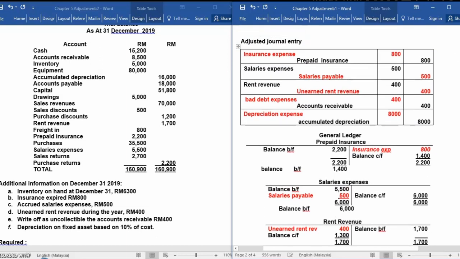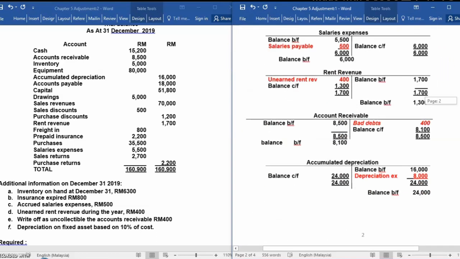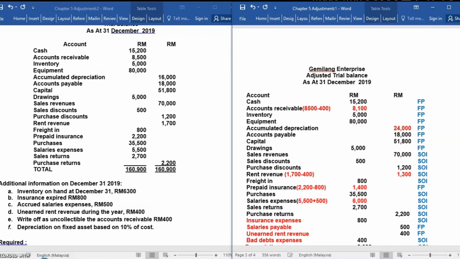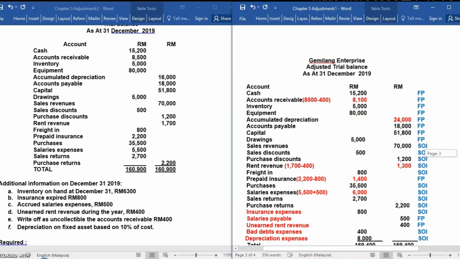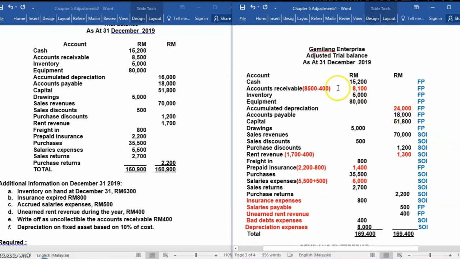The adjusted trial balance must take into account all the adjusted journal entries. So, this is the adjusted trial balance, and we can see that a few accounts have to be adjusted. For example, account receivable, because there is bad debt incurred in the accounting period, and accumulated depreciation increases because we have to include depreciation expenses.